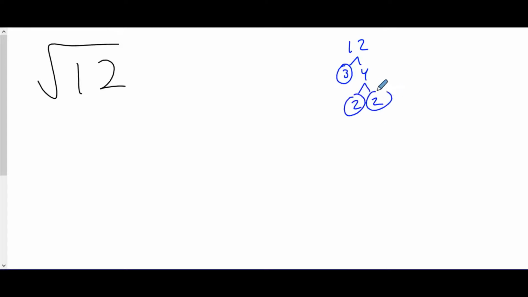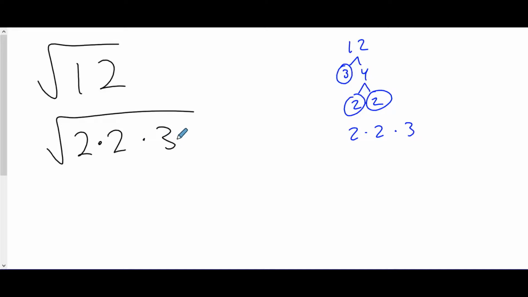But 2 and 2 are both prime, so I'm done. So the prime factorization of 12 is 2 times 2 times 3. So I'm going to rewrite this as the square root of 2 times 2 times 3.